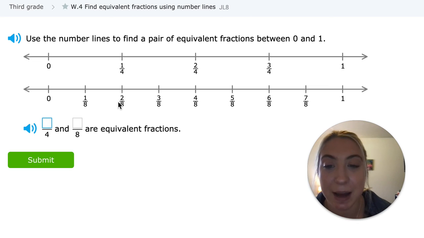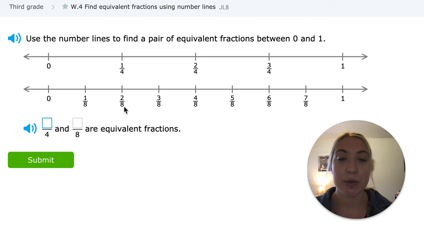When I look at the denominator here, there's 8 equal parts that make up the whole, 0 to 1. So remember, they are going to be different numbers, but they're going to be measuring the same. So they should be right below. So I can look here, 3/4 has 6/8. This number is right below. They're measuring the same thing, but they look different. So 3/4 and 6/8 are equivalent fractions.